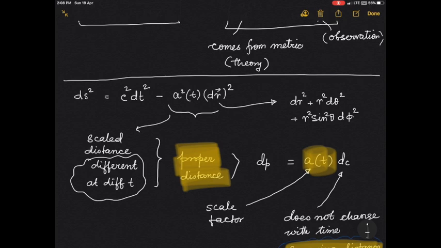H naught is related to the time dependence of the scale factor a, which is the only unknown in this FLRW metric. Everything else is known, and there is no function over here.